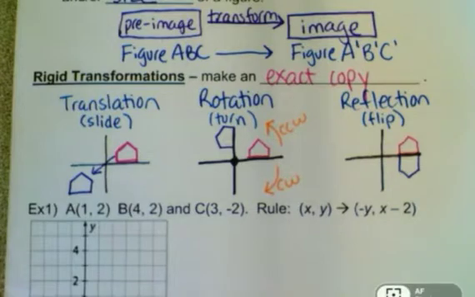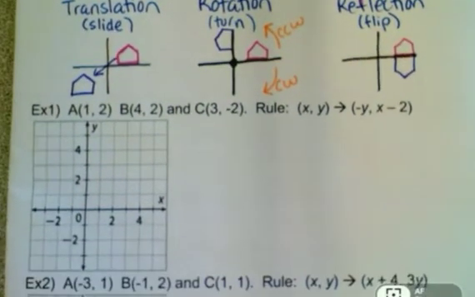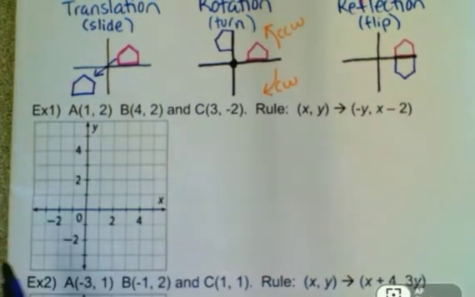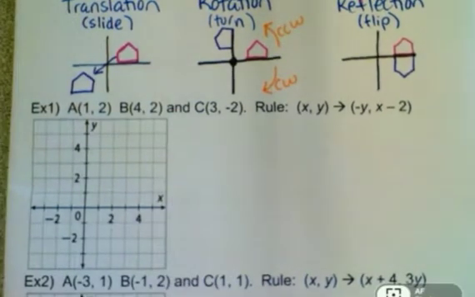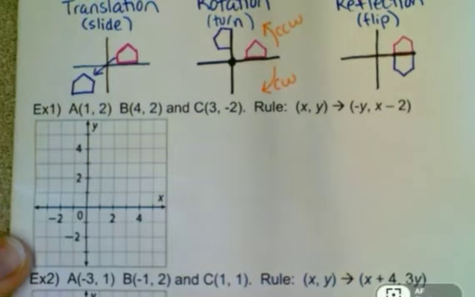And what we're going to do now is learn how to perform our own transformations using what's called coordinate rules. So we're going to begin here with example 1. We've got 3 points, A, B, and C. And so the first thing that I would like for you to do is graph those points and then connect them to make a polygon. So please go ahead and do that now. I'll do it too. You can check in with me when you're done.